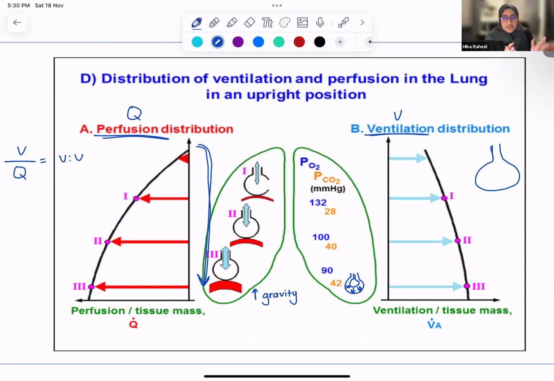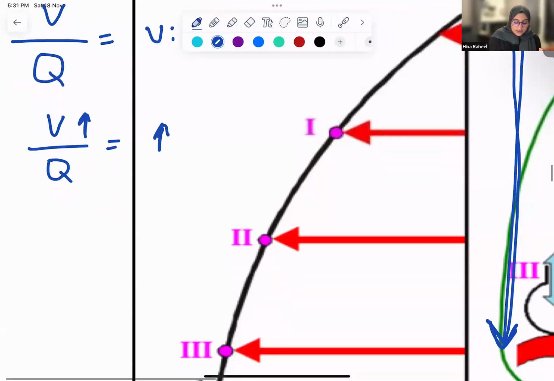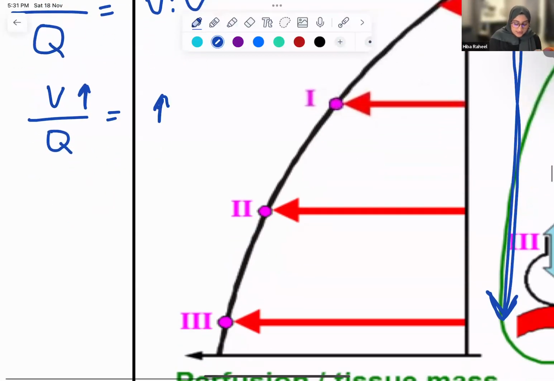Now, if a VQ ratio is high, what does that mean? We have to talk a little bit about maths in order for you to understand this. When we have a top number and a bottom number, and we increase the number at the top, the answer is going to go up, correct? Let's say V is 12, and Q remains 3.